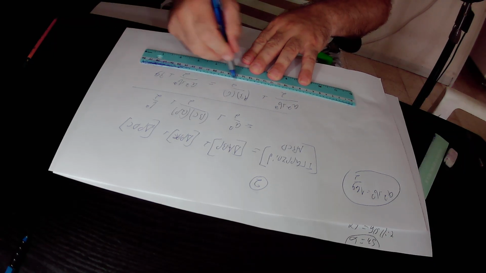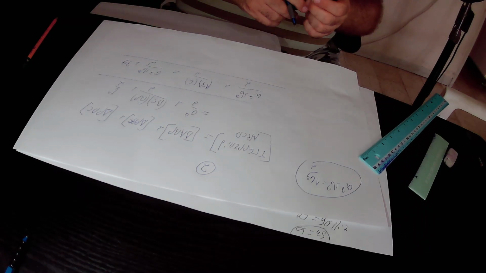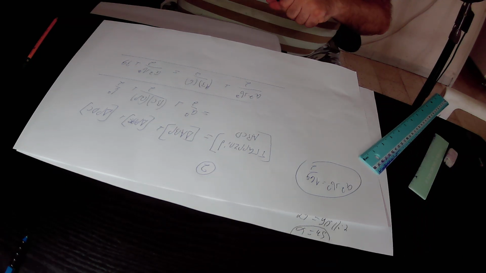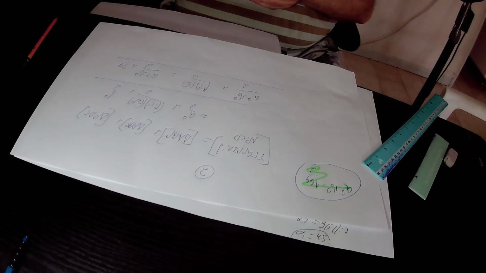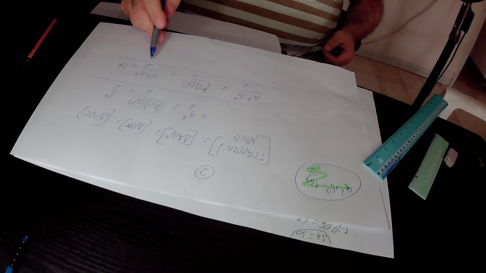But we have already found out that A squared plus B squared is equal to 169 over 2. Therefore, we substitute A squared plus B squared in this expression by 169 over 2.